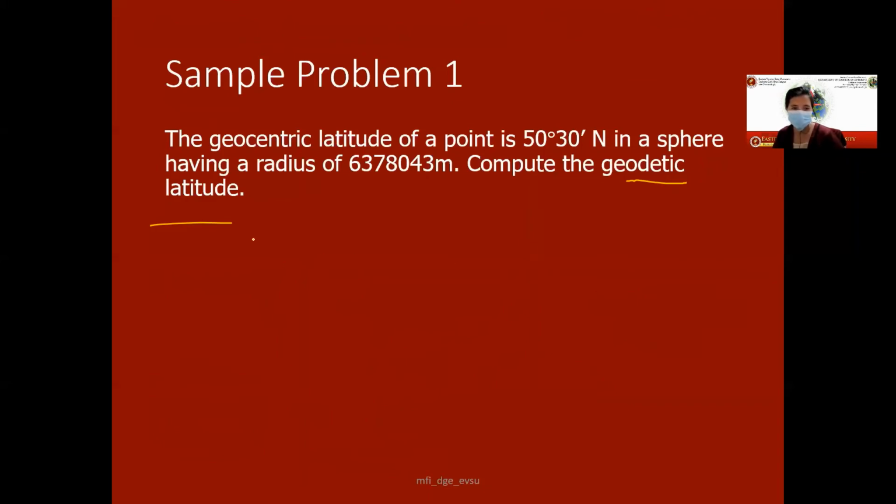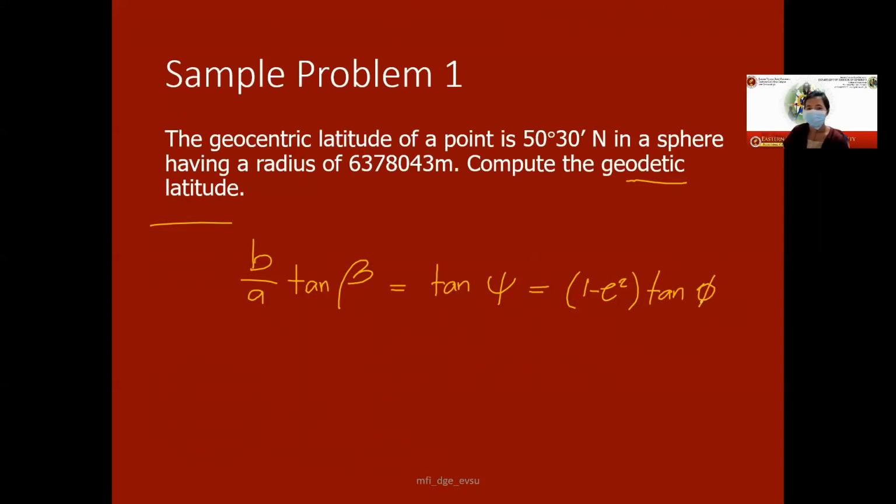If we take note that b over a tangent of the reduced latitude is equal to the tangent of the geocentric latitude is equal to 1 minus e squared tangent of the geodetic latitude, you use this relationship to compute the geodetic latitude if you are given the geocentric latitude.